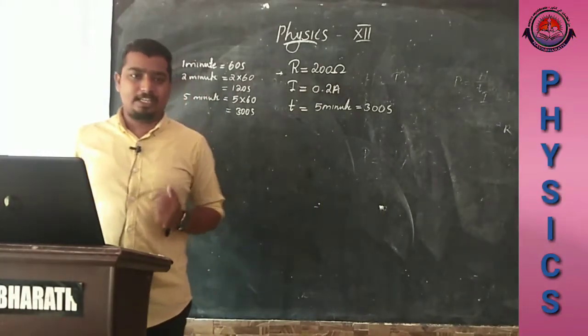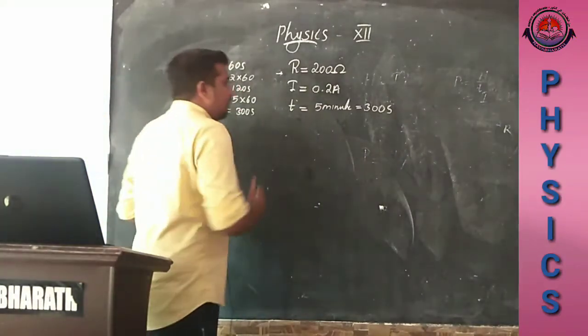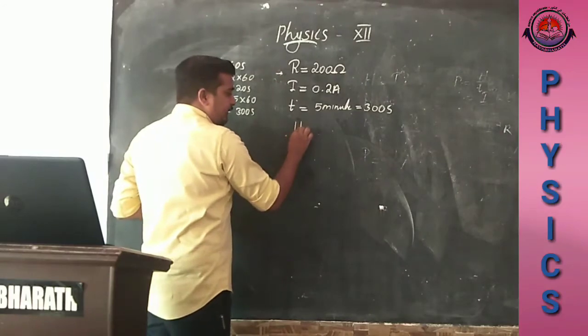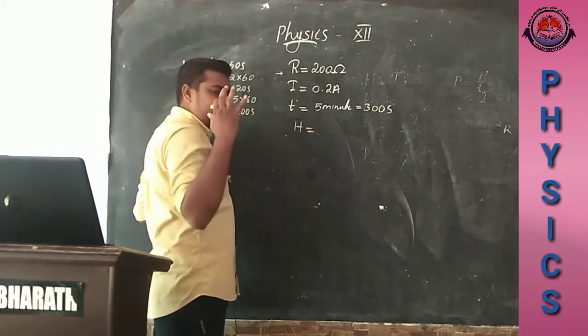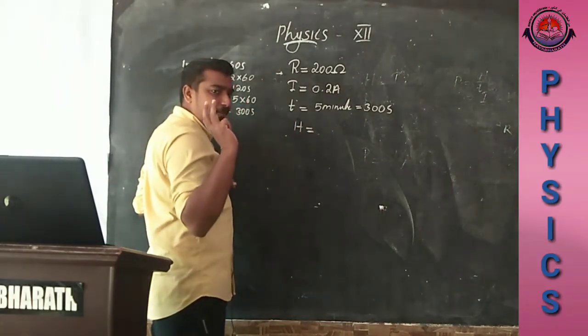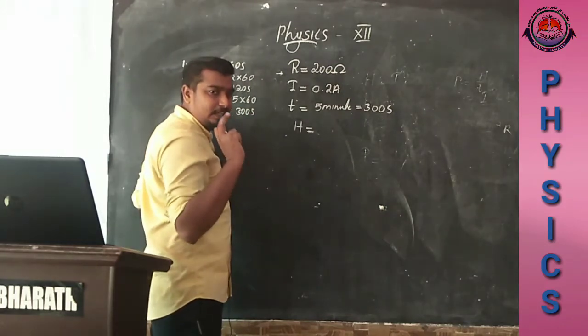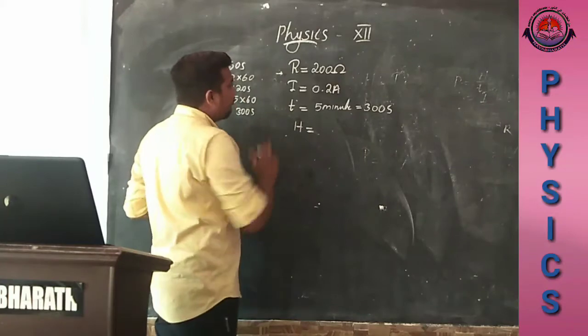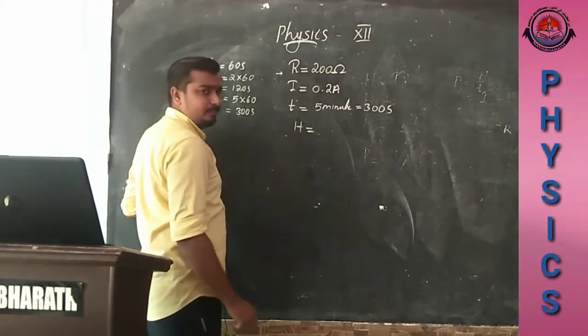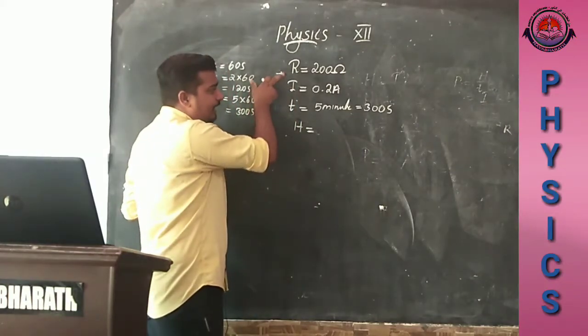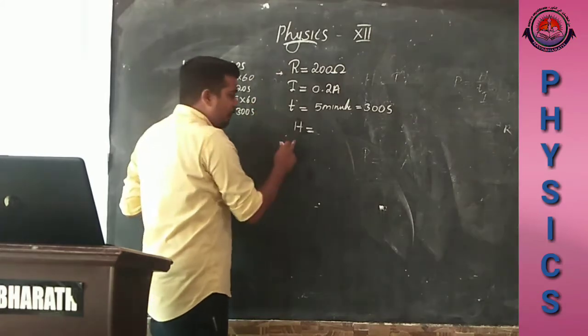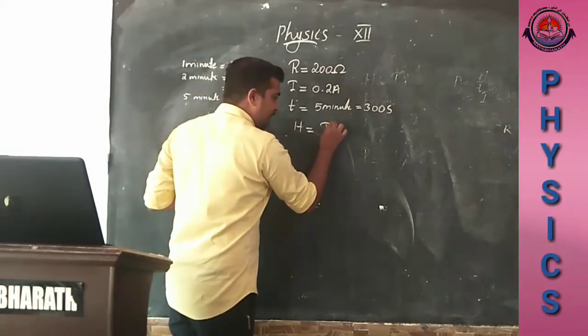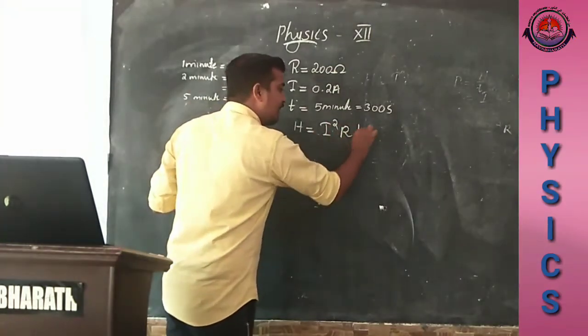What is the equation for heat? We have three equations. H is equal to IVT, H is equal to I square RT, H is equal to V square T by R. Here, which equation do we use? Here the given values are I, R, T. Therefore, we are using the equation H is equal to I square RT.